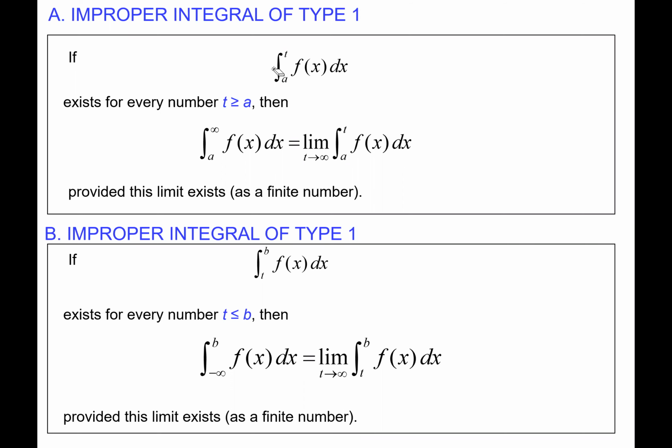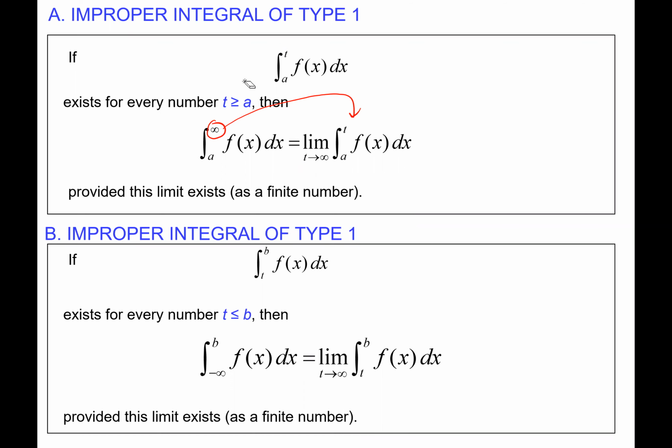That means improper integral. We can have the integral from a to t of f of x dx, and we know that t goes to infinity. When we have the integral from a to infinity of f of x dx, we have to rewrite it this way using the limit.